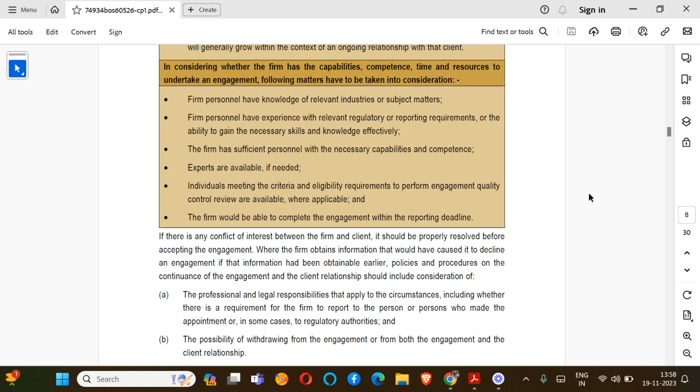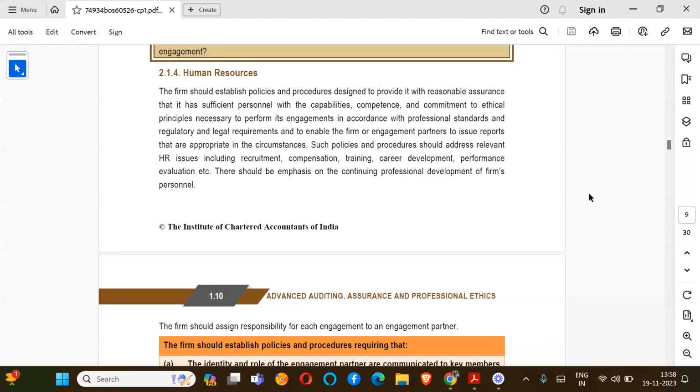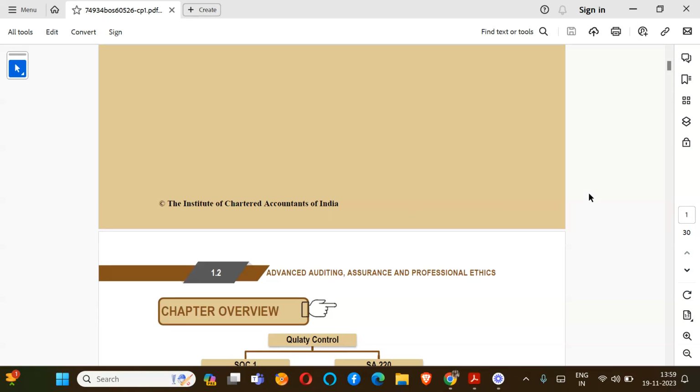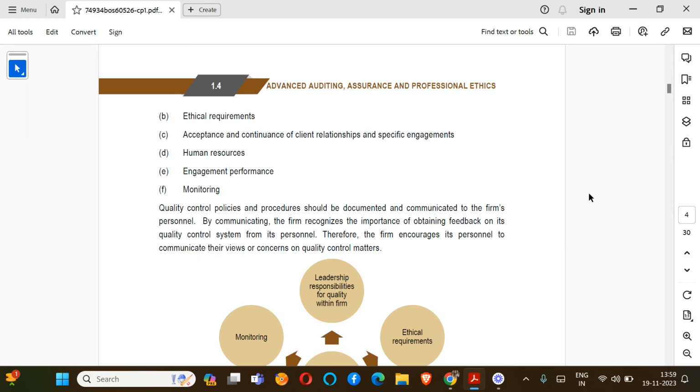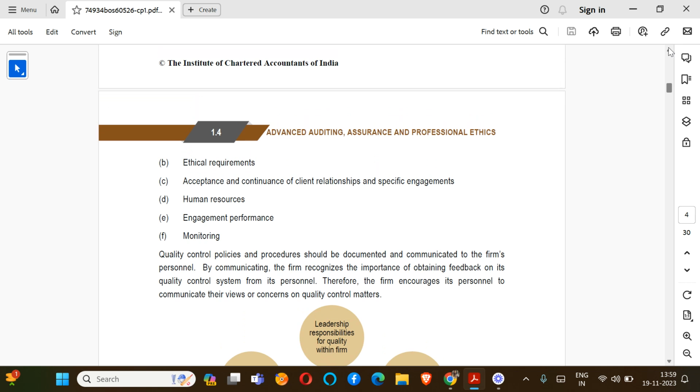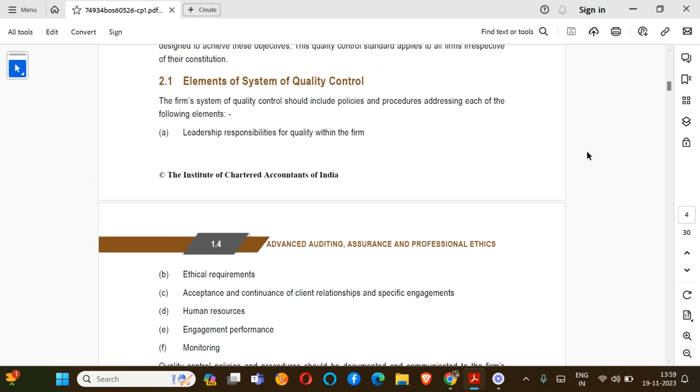Now, we studied that in order to understand why quality control is important, we need to understand why quality is needed and what the elements are. For a full-fledged system of quality control, there are 6 basic elements that we need to keep in mind.